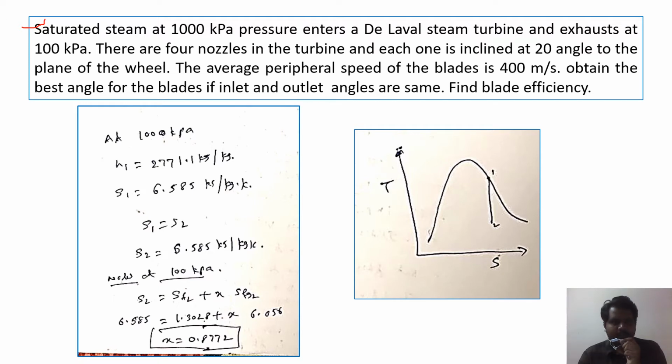Saturated steam at 1000 kilopascal pressure enters a De Laval steam turbine. The De Laval is a single stage turbine and exhausts at 100 kilopascal. There are 4 nozzles in the turbine and each one is inclined at a 20-degree angle to the plane of the wheel.